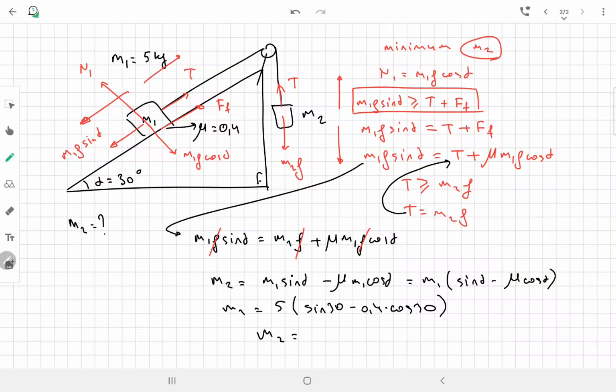From here, answer will be, let me use my calculator, 5 times sine 30 minus 0.4 times cosine 30.